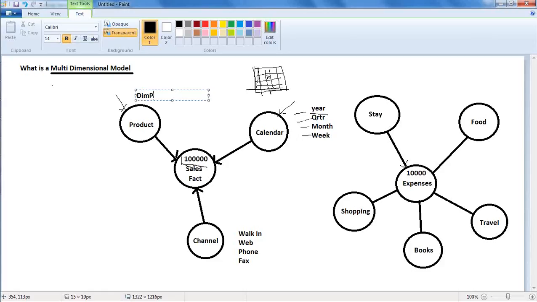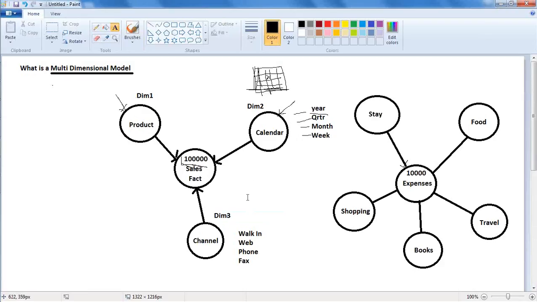Say this is dimension 1, this is dimension 2, and this is my dimension 3. If you look at it, it is a combination of fact and dimension. There is a fact table, which holds your measures or numbers which you would like to analyze. Now you are analyzing the same fact from different perspectives, which is nothing but different dimensions.